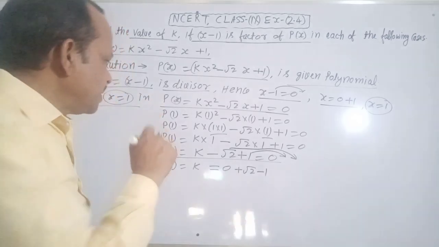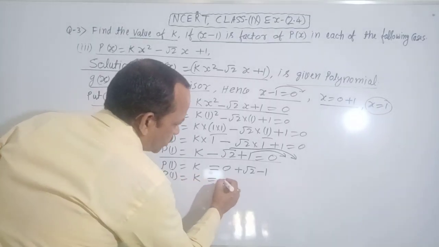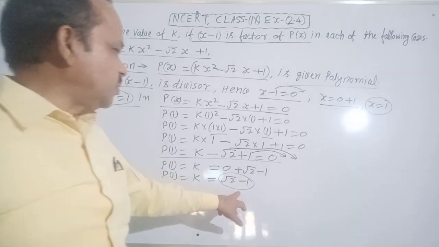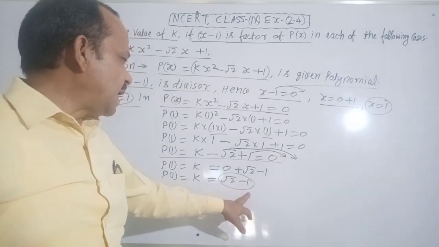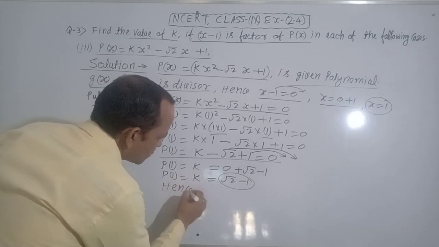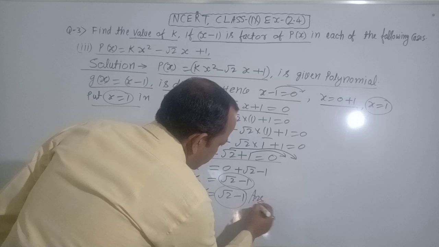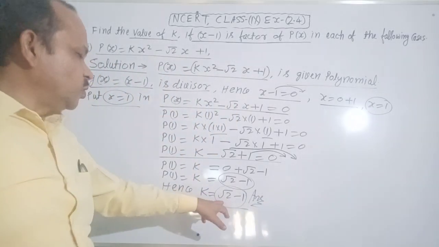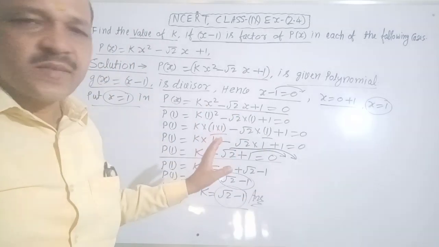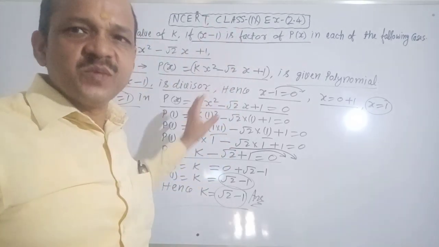It is clear? You can write k equals root 2 minus 1. Hence, k equals root 2 minus 1 is your answer. You find k equals root 2 minus 1. Very easy. Solution is clear. No confusion about the solution. It is very easy.